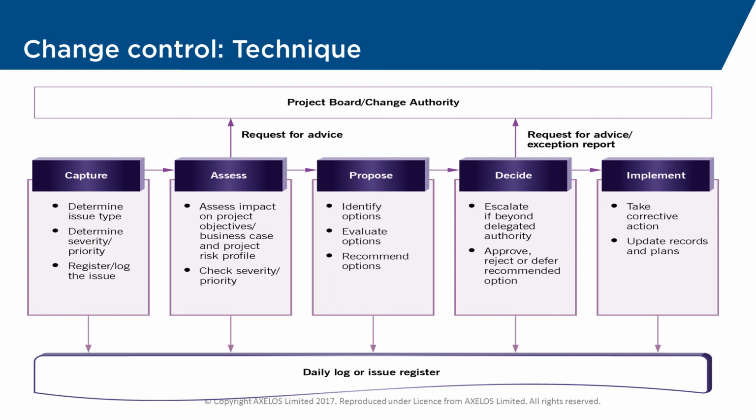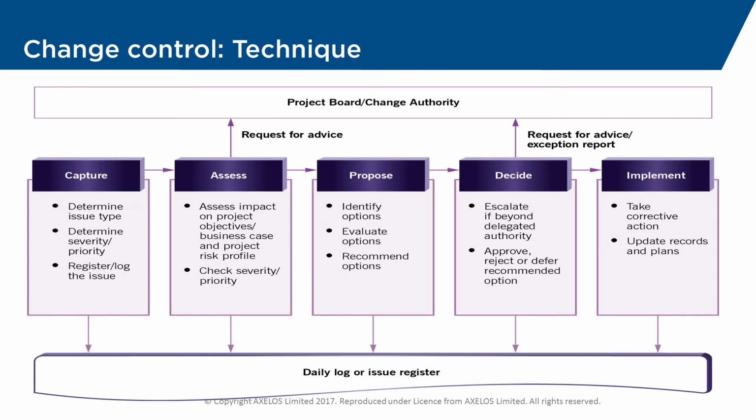A decision will need to be made, and that will mean either you, the project manager, if you've got the authority to do so, or it's going to be raised to the project board or perhaps beyond. If we're going to go to the project board, that means we're now in an exception because it's not within your authority, and so you'll need an exception report to tell them what the situation is and make your recommendation, and they then will have to decide what they want to do.